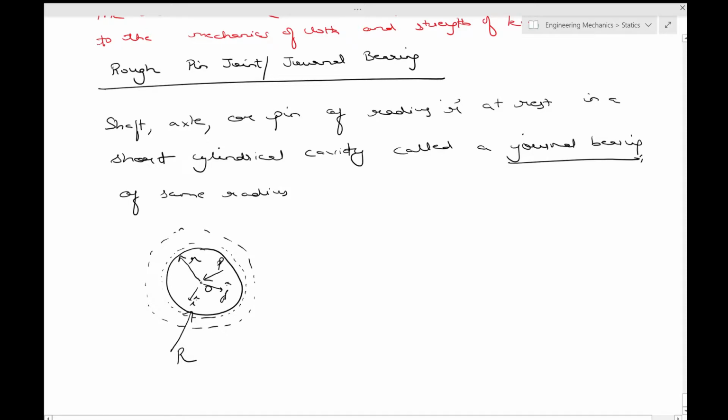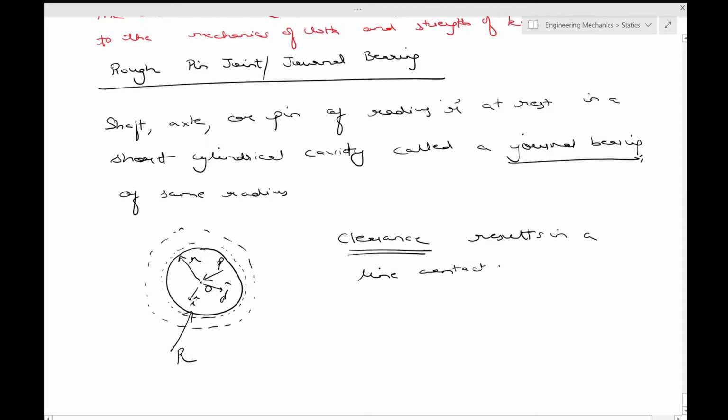If you have a clearance, most moving machine parts have a clearance just to allow some space in case of expansion. So inevitable clearance results in a line contact between the pin and the cavity called the bearing.